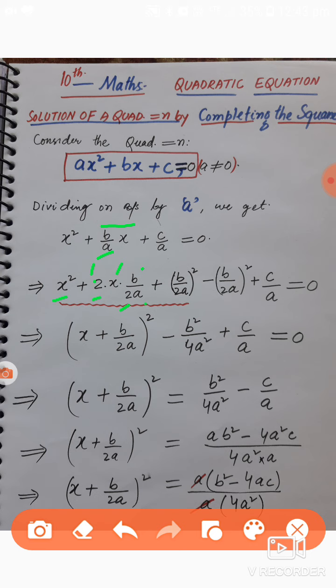So we got a square plus 2ab plus second term square, where the second term is b by 2a.